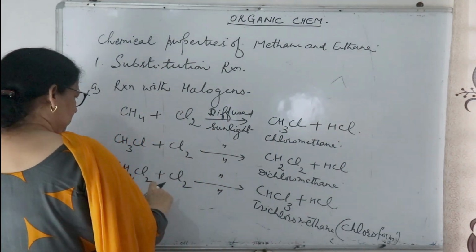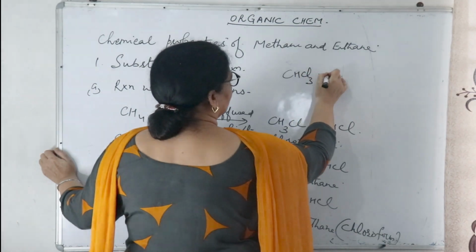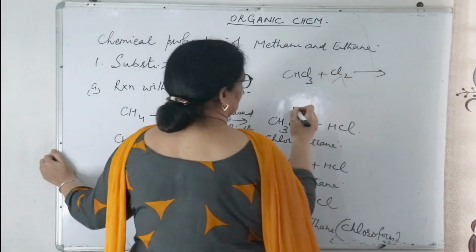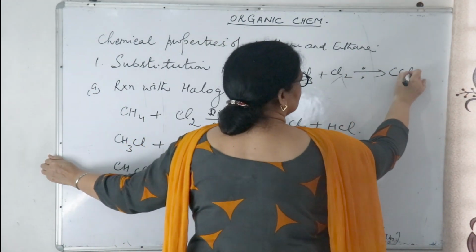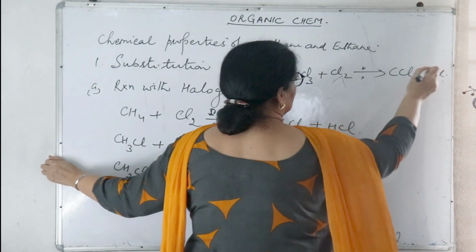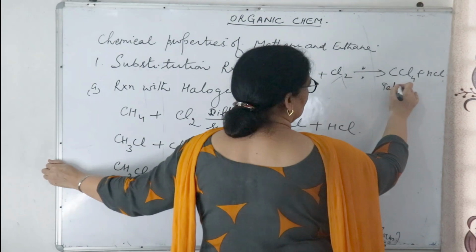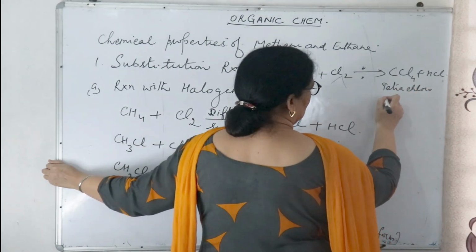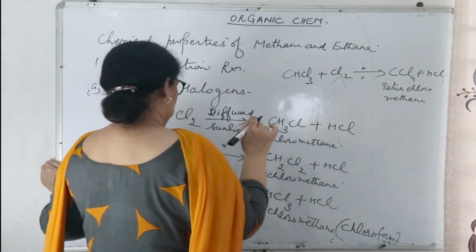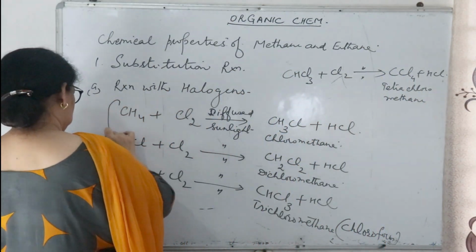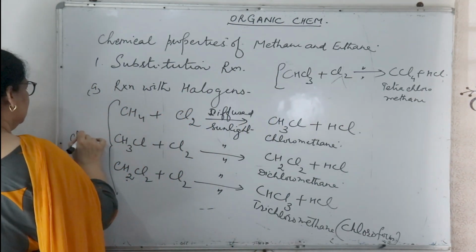Now the fourth reaction will take CHCl3 plus Cl2, and in the presence of diffuse sunlight, this will form CCl4 plus HCl, and this CCl4 is called tetrachloromethane or carbon tetrachloride. So these four reactions are in a series, so they are called chain reactions.